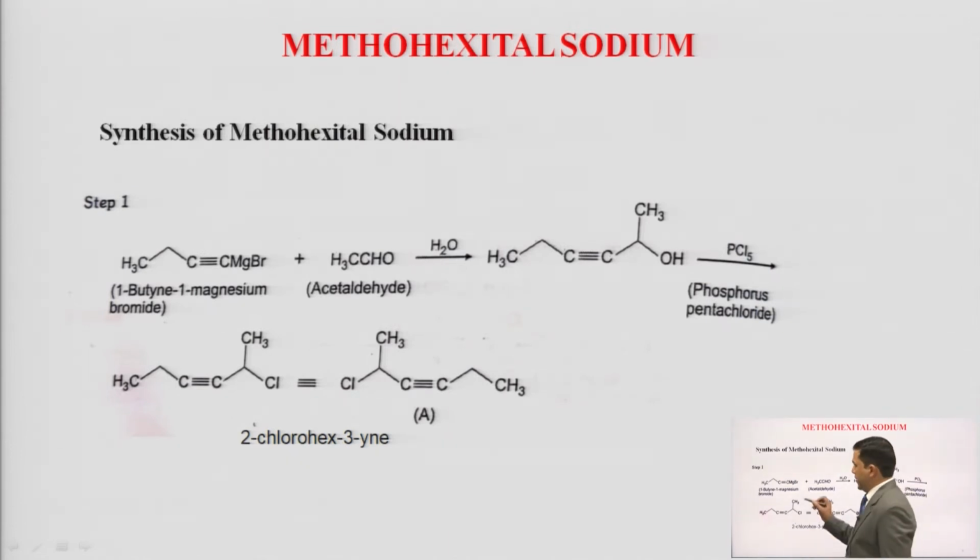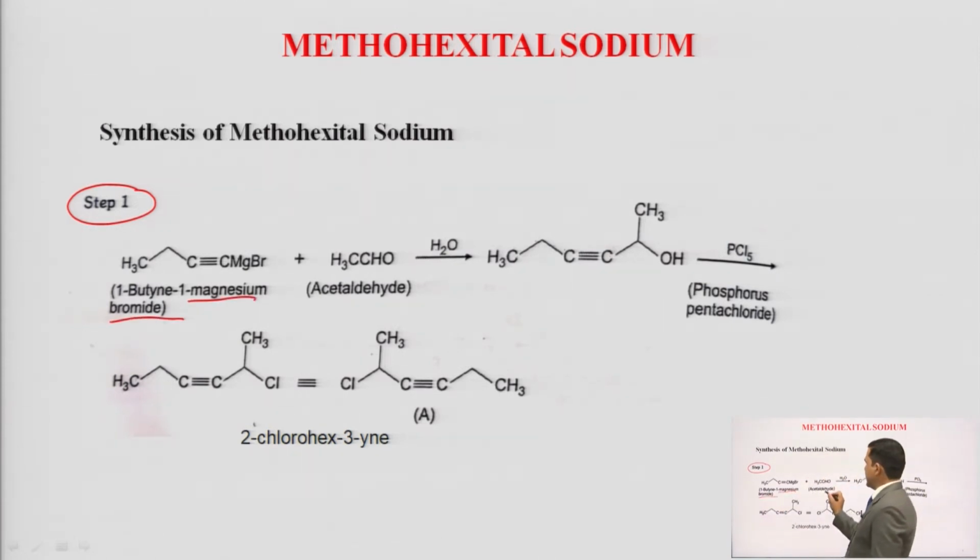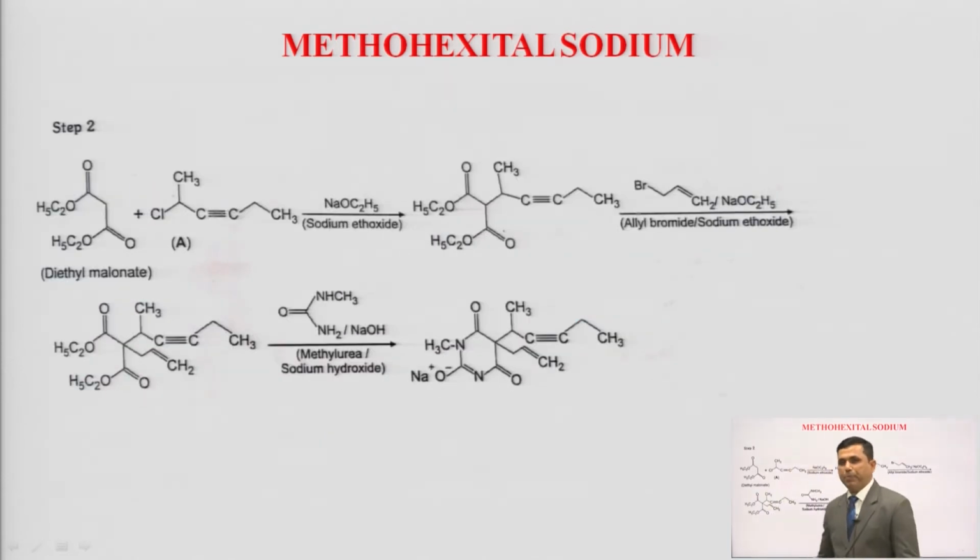In step 1, the starting material is butane 1 magnesium bromide plus acetaldehyde, followed by hydrolysis. The first intermediate, in the presence of phosphorus pentachloride, will give 2-chloro-hex-3-yne, and this is used in the second step as the starting material with diethyl malonate.